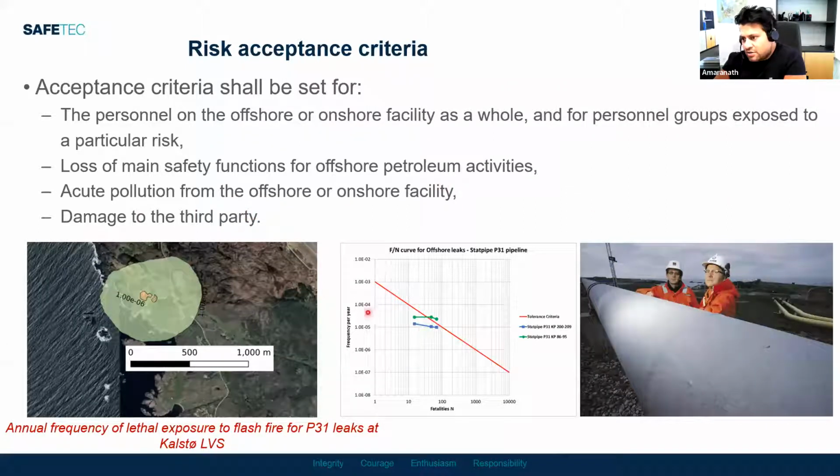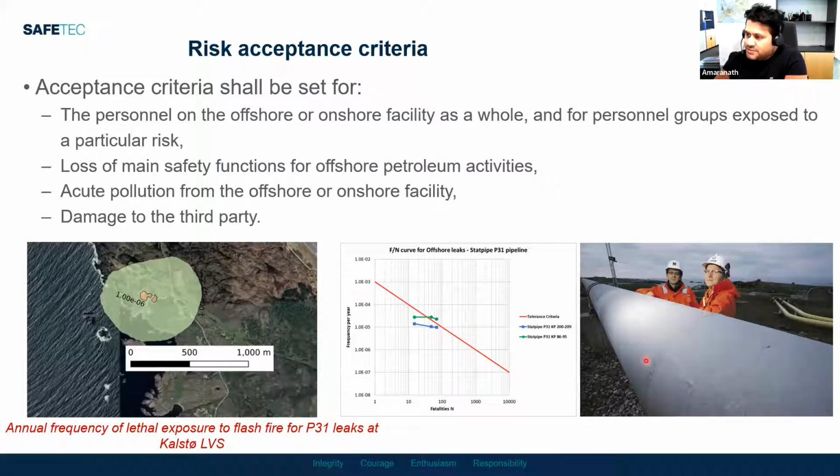So here I have some examples where the risk acceptance criteria are presented. This is a recent risk analysis that I performed for a pipeline that goes from Norway to Germany. StatPipe is a pipeline that transports the gas production that we have in Norway to the consumers in Germany.